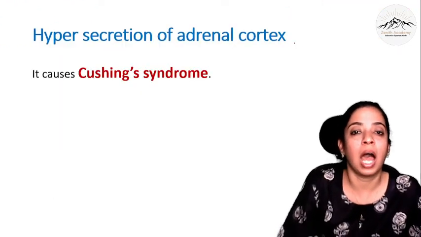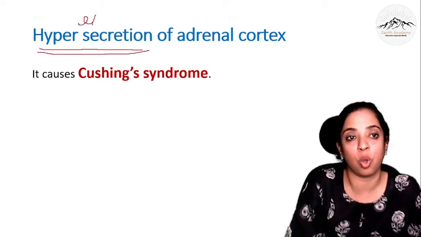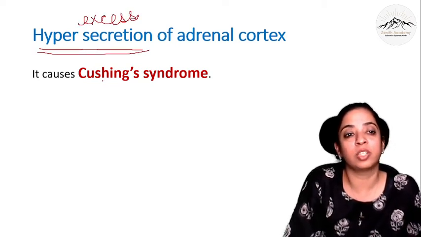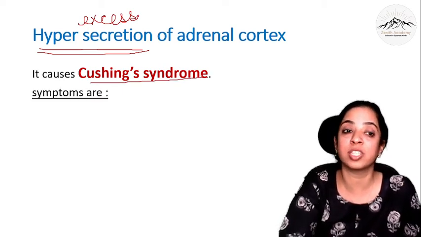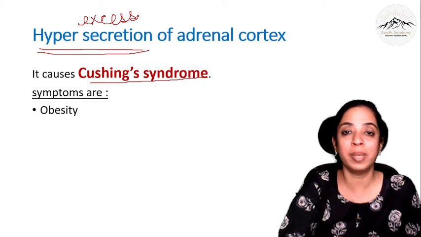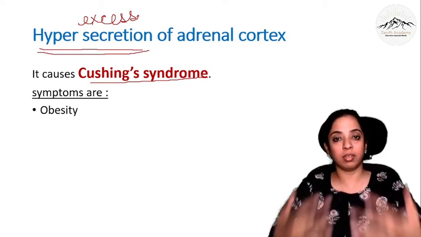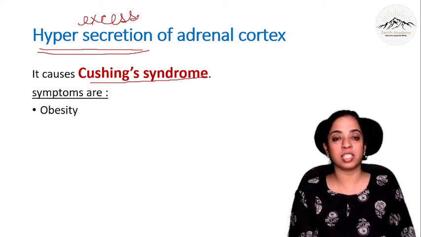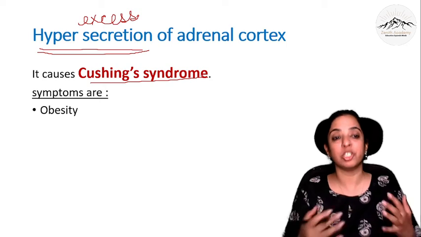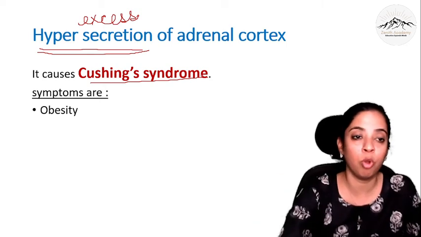Then hypersecretion of adrenal cortex means excess secretion of adrenal cortex. It causes Cushing's syndrome. What are the symptoms of Cushing's syndrome? This is also very important. Obesity. The person becomes obese, mainly the abdominal part is bulging.